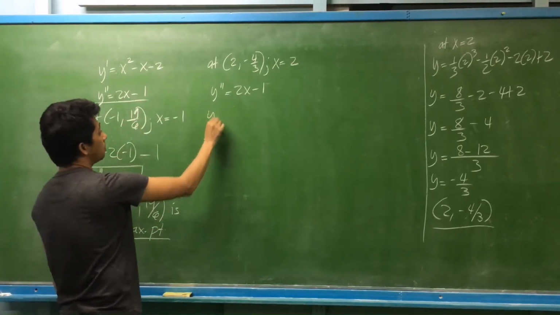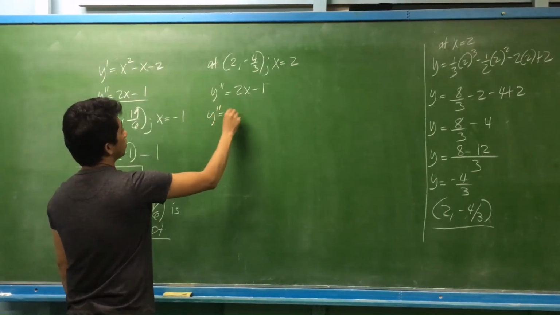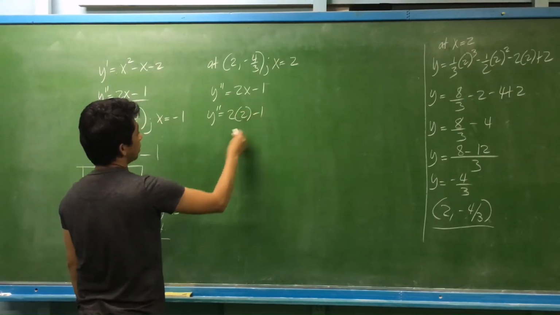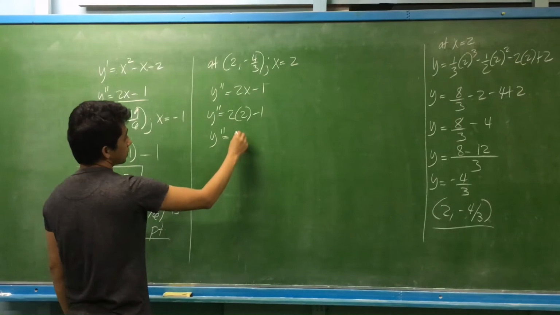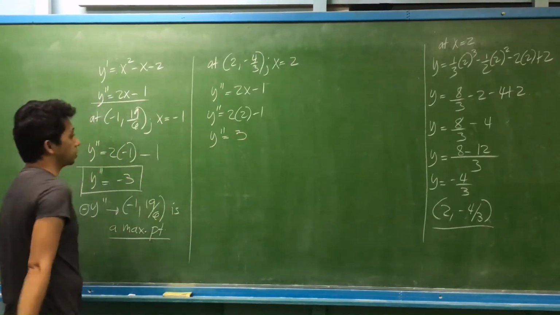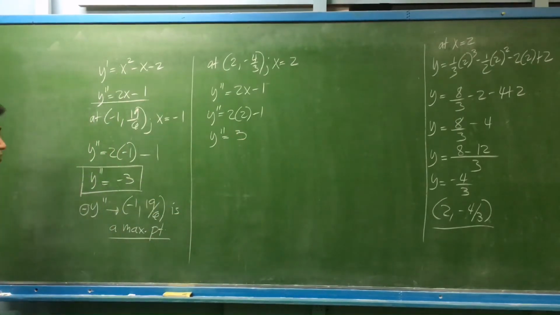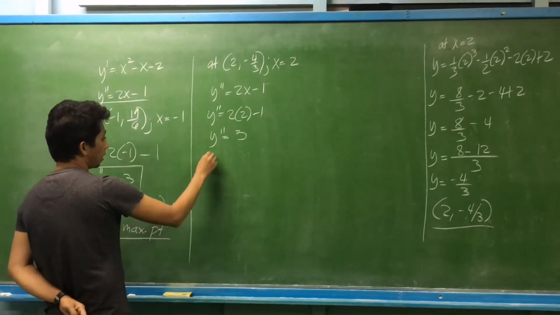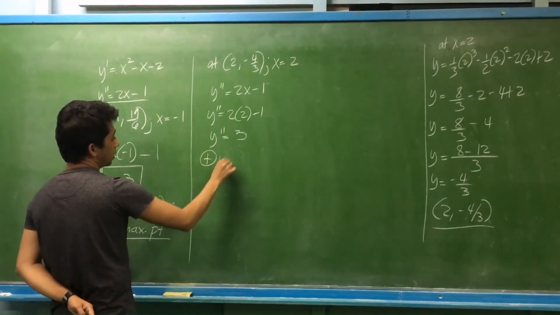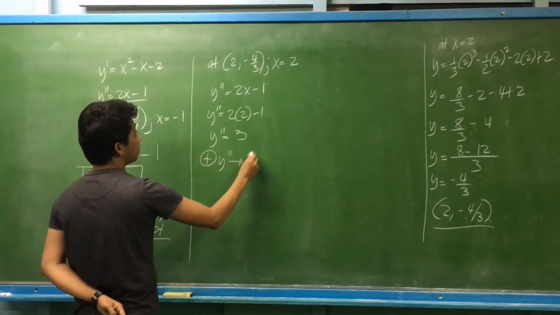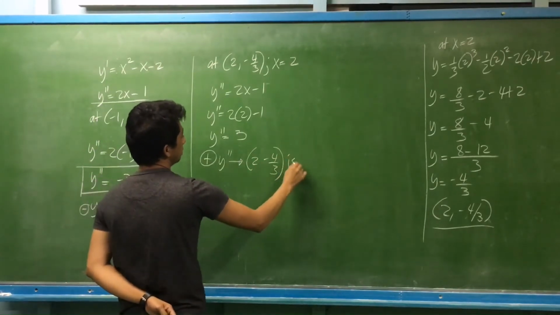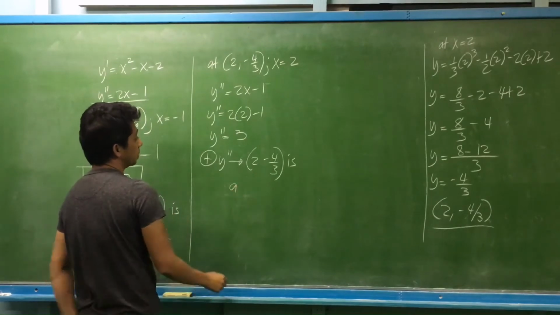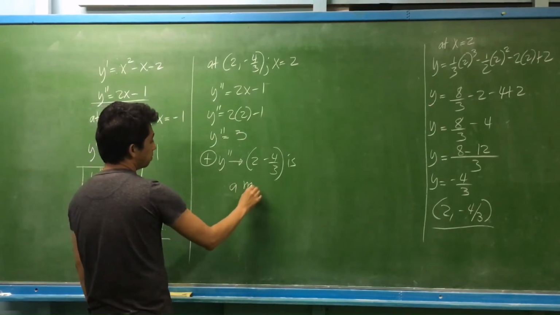So y double prime is twice of 2 minus 1, which is positive 3. So we said that if we have a positive value of y double prime, the point 2, negative 4 over 3 is a minimum point.